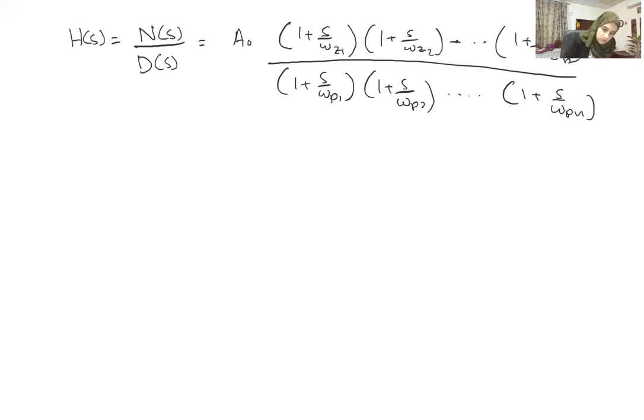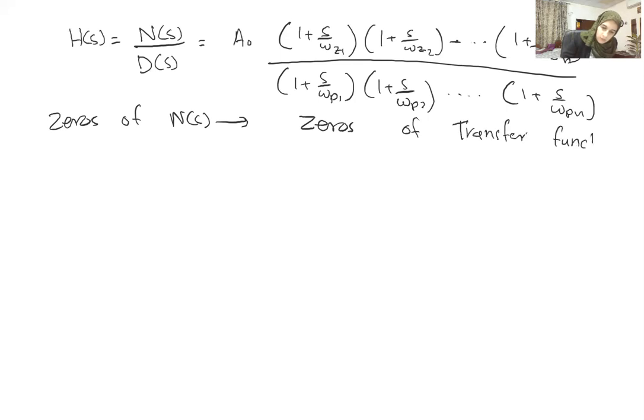Now the zeros of N of s are called zeros of the transfer function, while the zeros of D of s are called the poles of the transfer function.